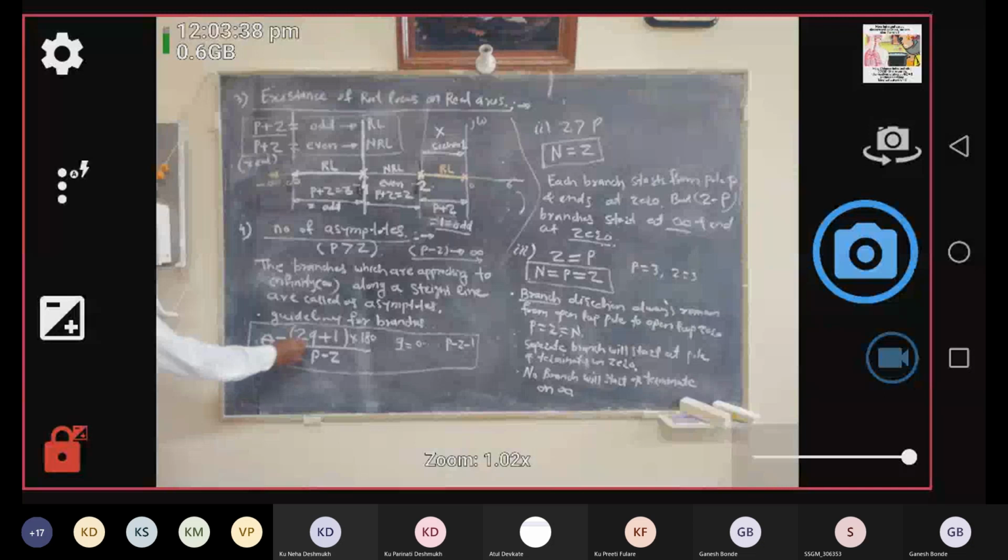Then write down step number 5. The next step, step number 5, is the determination of the centroid, which is also called the center of asymptote.